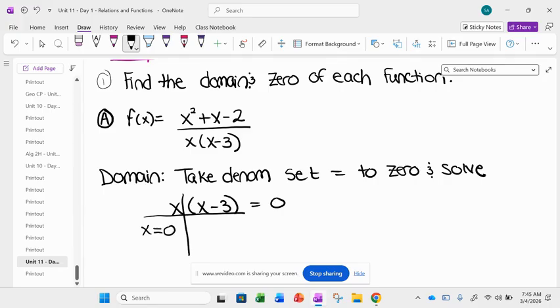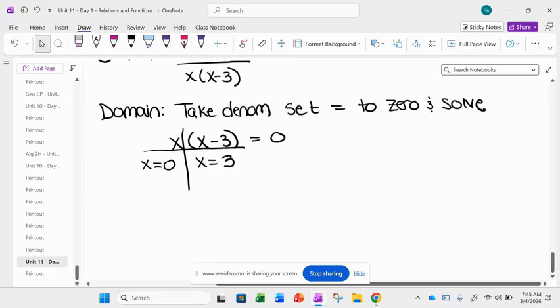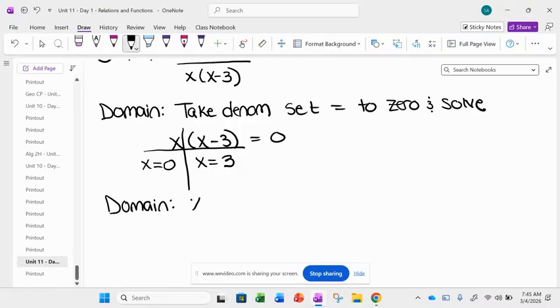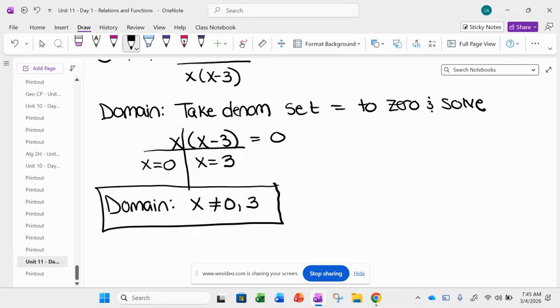So the denominator will be 0 when x equals 0, or when x equals what? 3. So the denominator will be 0 if x is 0, or the denominator will be 0 if x equals 3. So what is our domain? For domain, you're just going to say x cannot equal 0 or 3. And that implies that every other number is okay. As long as x is not 0, x is not 3, every other real number is okay, and I would accept it just like this. You don't have to write anything else.